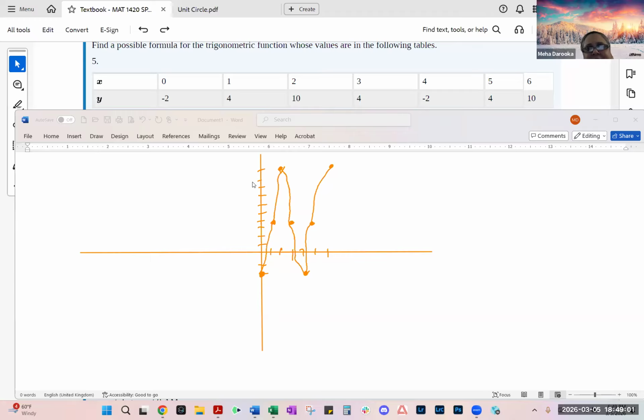Okay, Logan, you're going with negative cosine. Why negative, Logan? Well, it's cosine because it crosses the axis at like a maximum. And it's negative because it crosses at the lowest point rather than the highest point.